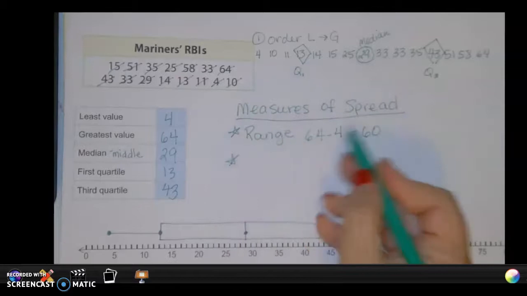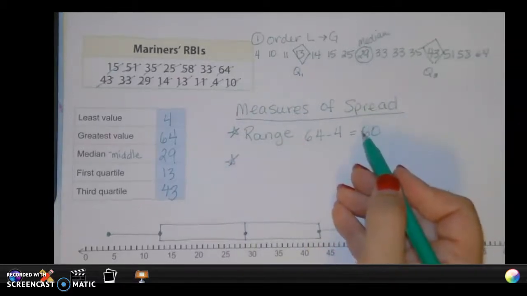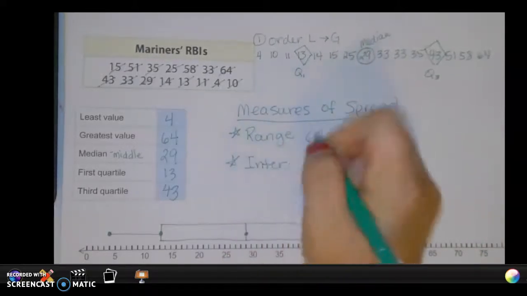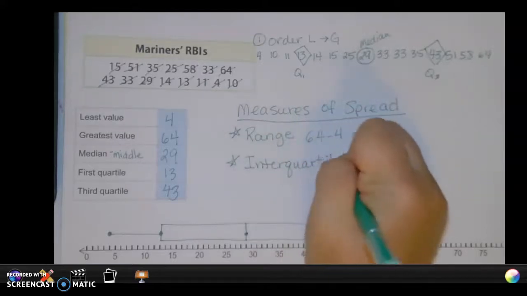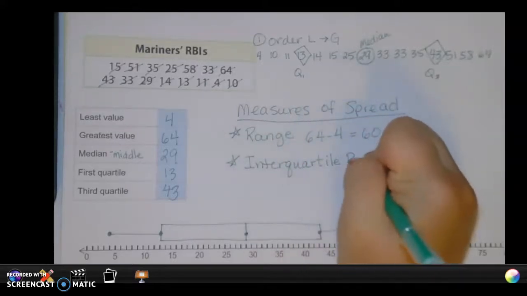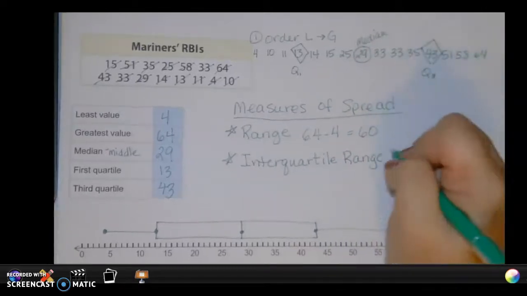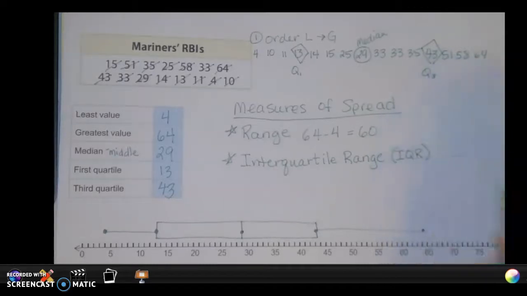The other measure of spread that we need to find is something called the interquartile range. A lot of times mathematicians abbreviate that with IQR. It's exactly what it sounds like.